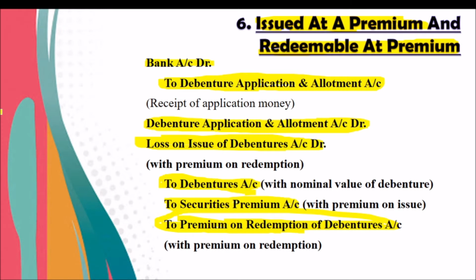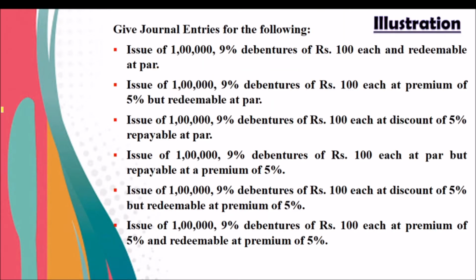Let us solve one problem to learn the concept. Here the 6 cases are there. Issue of 1 lakh 9% debentures of rupees 100 each at par and redeemable at par. Issue of 1 lakh 9% debentures of rupees 100 each at a premium of 5%, redeemable at par. Issue at a discount of 5%, repayable at par.